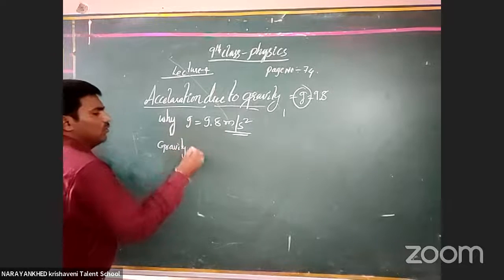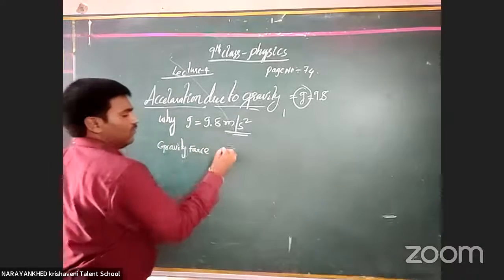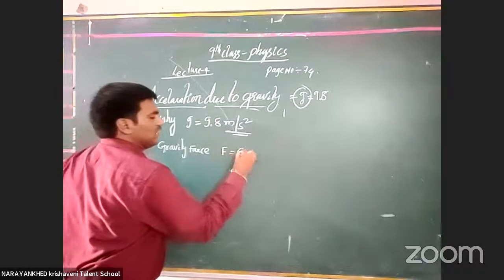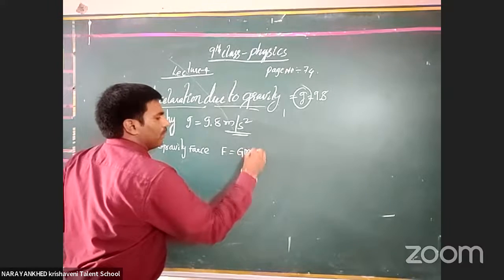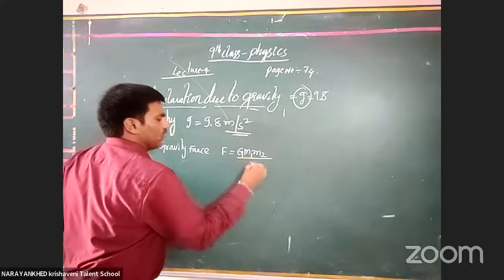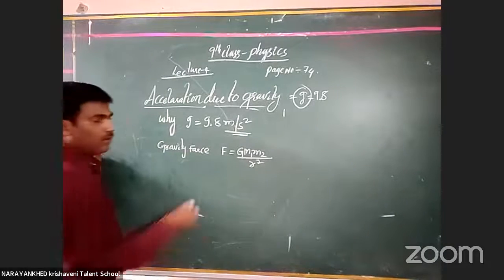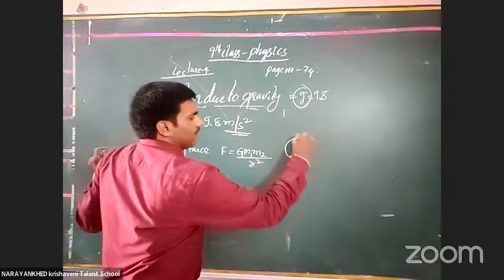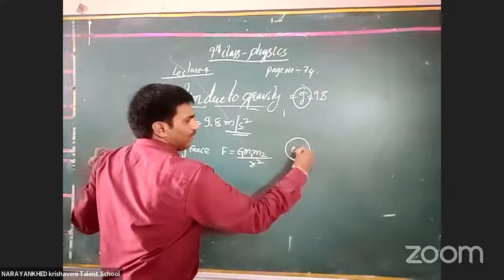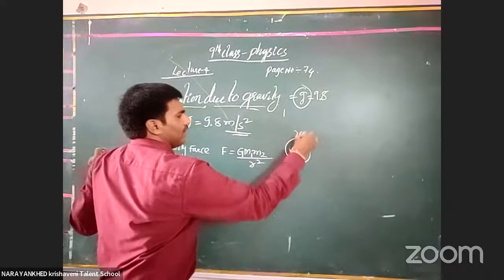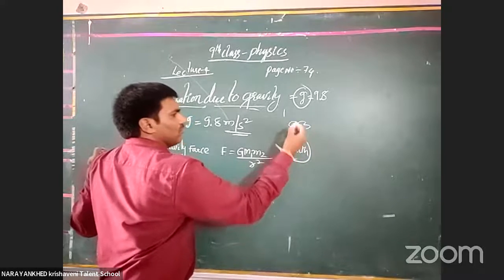Gravity force is equal to F is equal to G into m1 m2 by r square. You know this very well. Now only we solve it. Suppose this is the earth and one tree is on it, and one mango comes towards it.